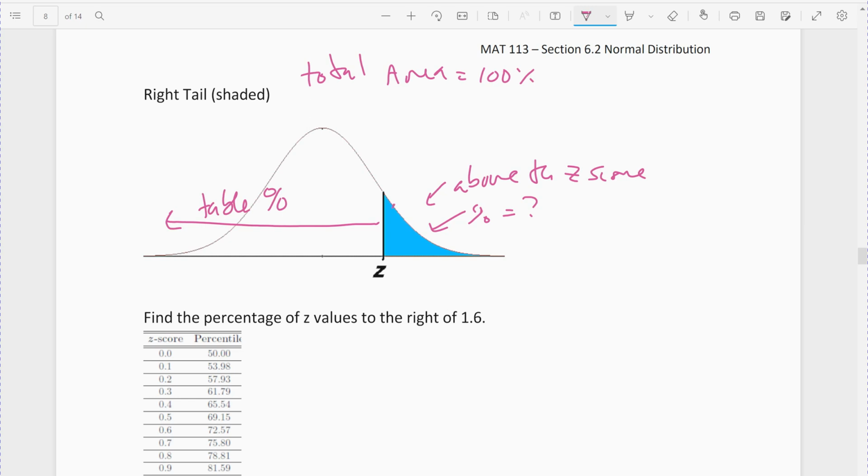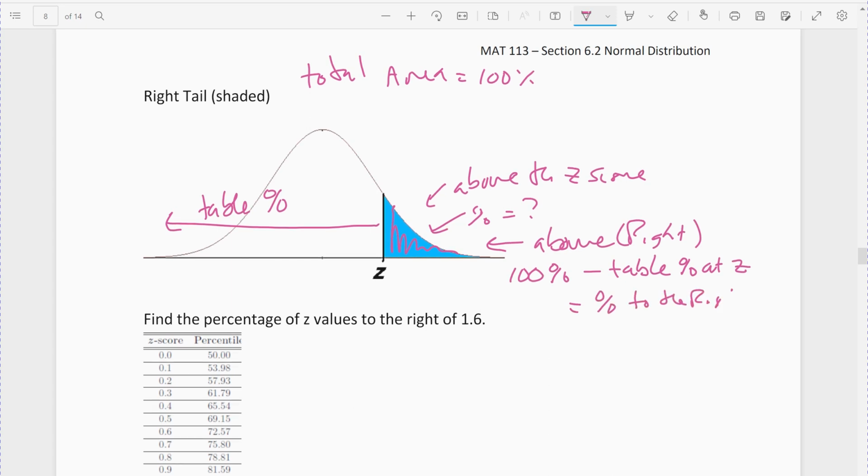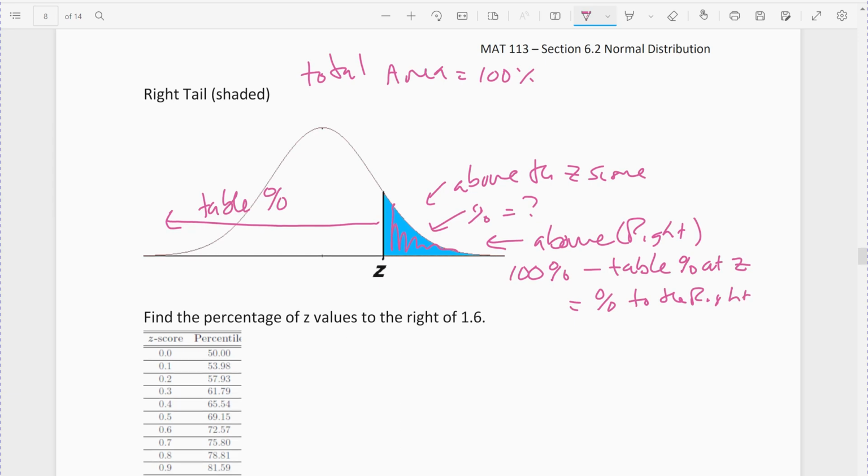And so if I want to find the area above, which means to the right of the z-score, I take my 100%, subtract away the table percent at that z-score, and that will give me the percent to the right. So you do have to do a subtraction in this case, because the table gives me the percent below.